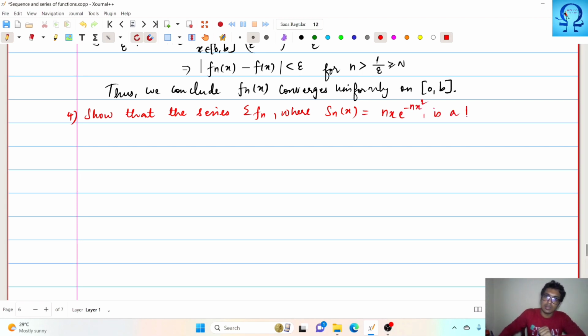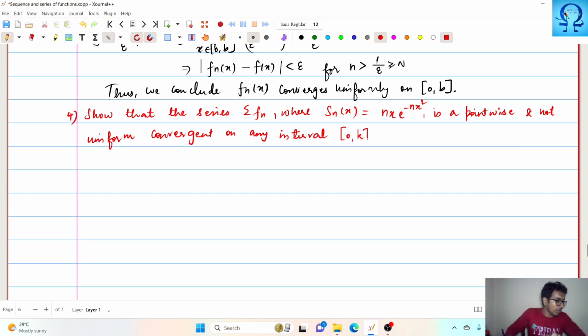The series is pointwise and not uniformly convergent on any interval 0, k, where this k is any positive real value.